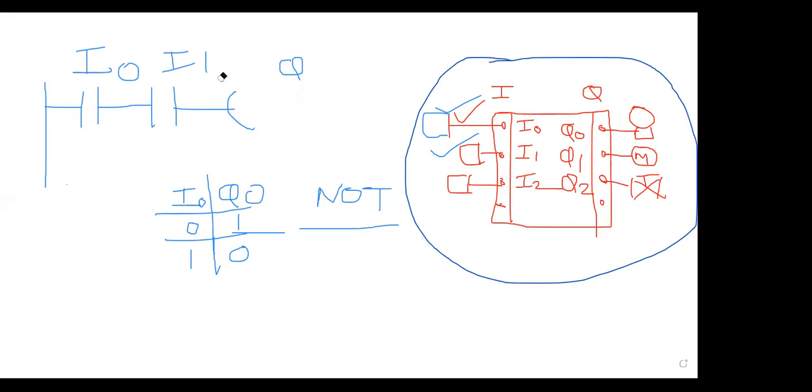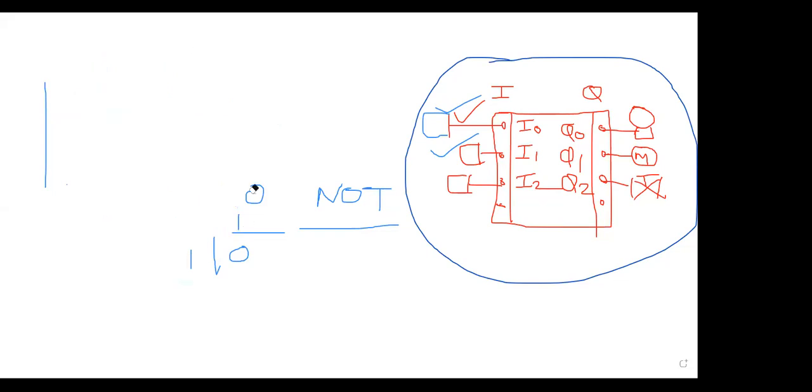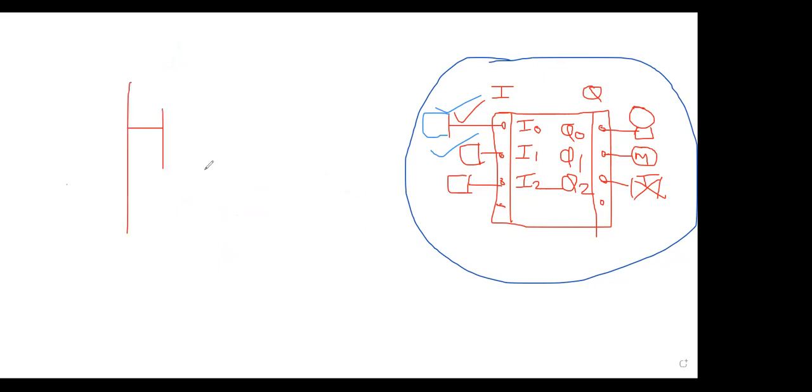See, this is important. Although everything is important, but you see here, you have made like this. So I0, Q0.